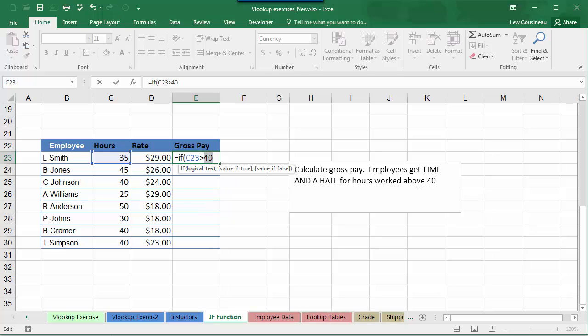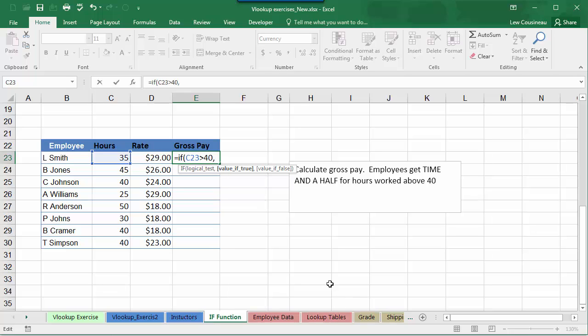Above 40, they'll get time and a half. If you think that could be a variable that might change, it would be wise to put it in as a cell reference, type 40 someplace, and then refer to that cell. But anyway, that's my test. Did they work above 40? Comma. What am I going to do if that's true? If it's true, they get time and a half for the hours worked above 40.